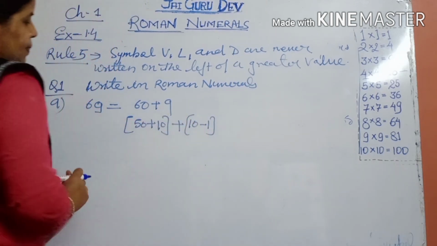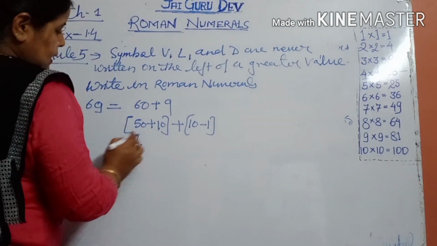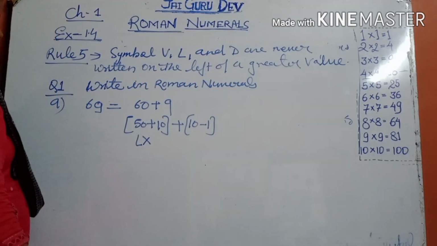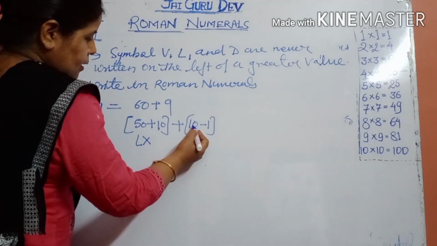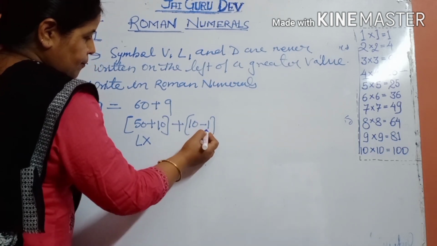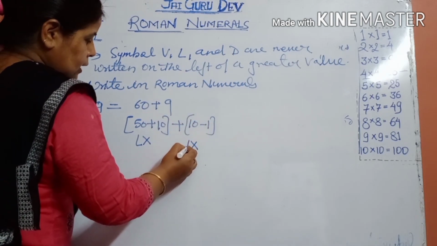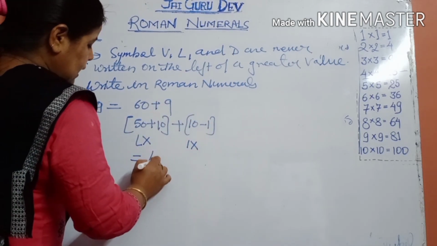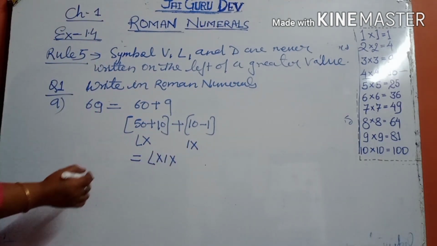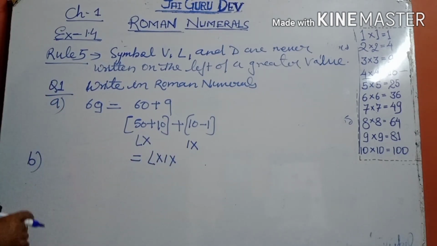Now you can see that for 50 we are using L, and for plus 10 we will write X. Then 10 minus 1: for 10 we are using X, and minus means the number of smaller value will be written on the left side. What will it become? LXIX. Maybe you have understood.